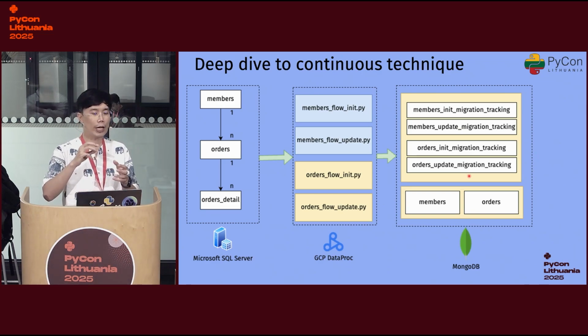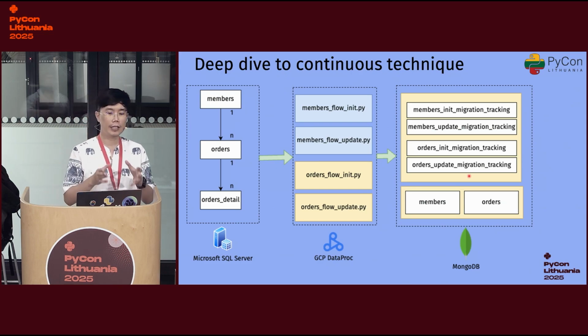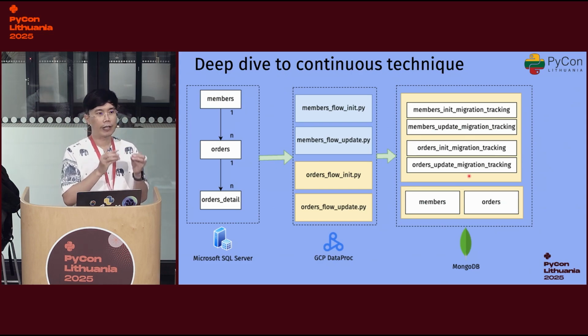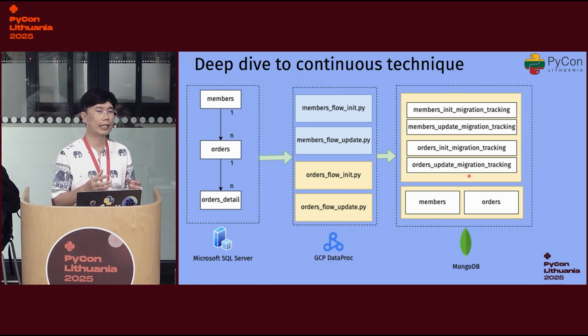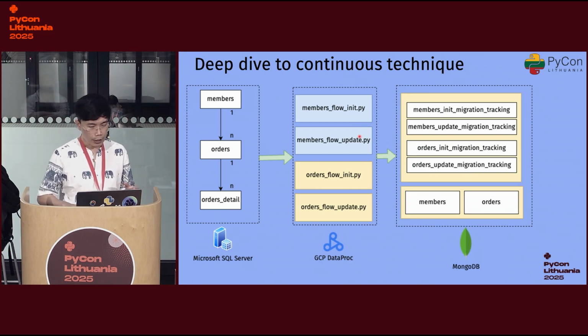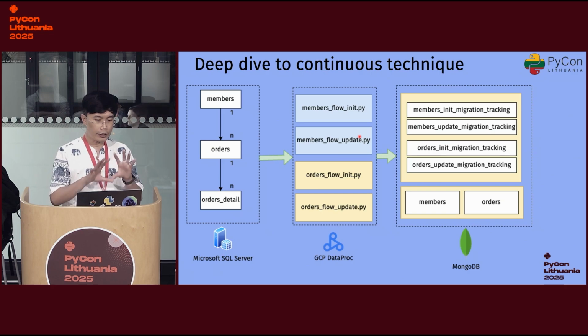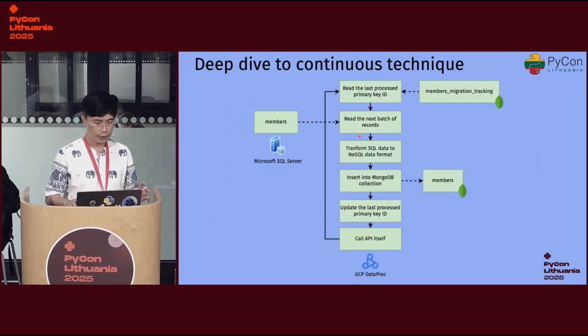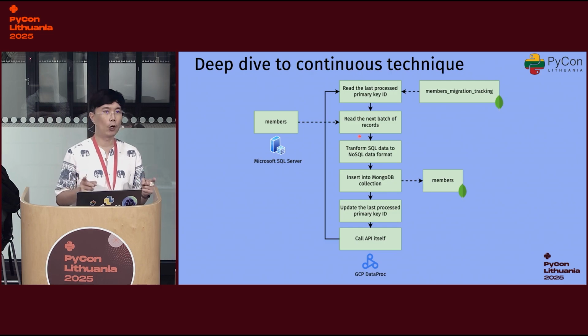And when we run it again, it will know the running number to continue from. So this is the tracking data that I store. This is the continuous technique, and also the components inside. And the next one is the flow.